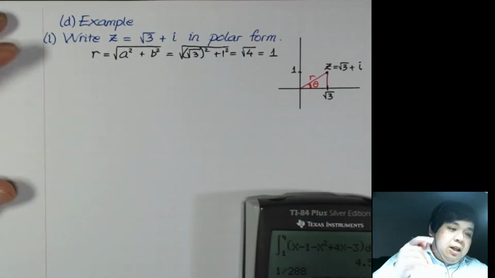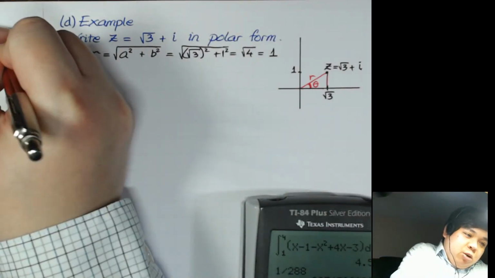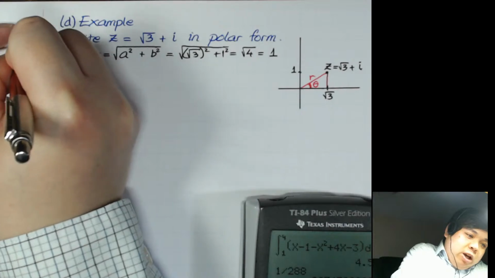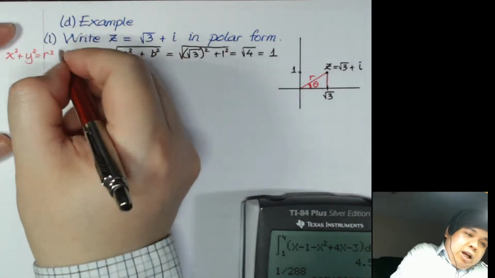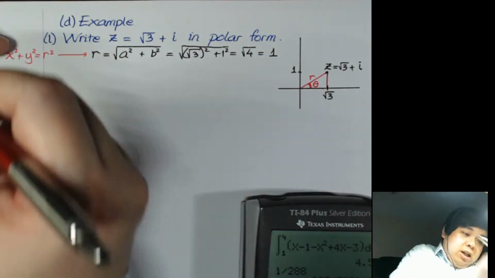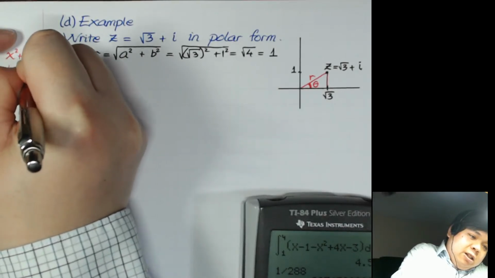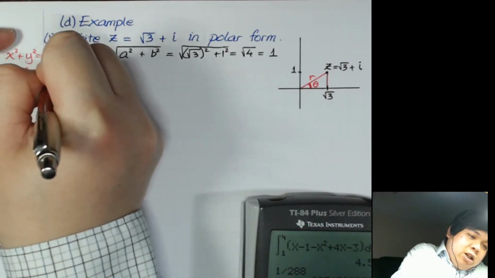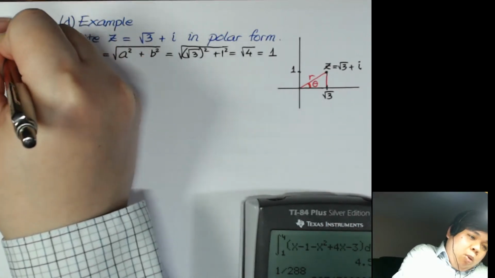So in polar coordinates, in the previous section, we have x squared plus y squared equal to R squared. And then of course we can get R equal to the square root of a squared plus b squared. And then tangent of theta is equal to y over x. So in sections 9.1 and 9.2, we have polar coordinates.